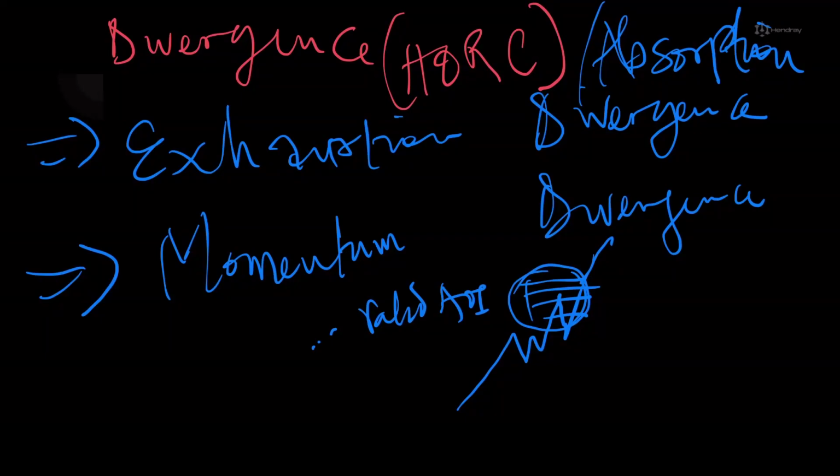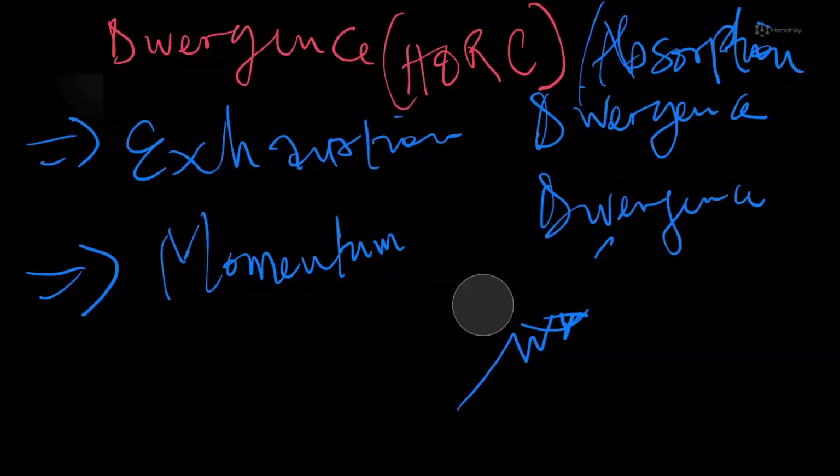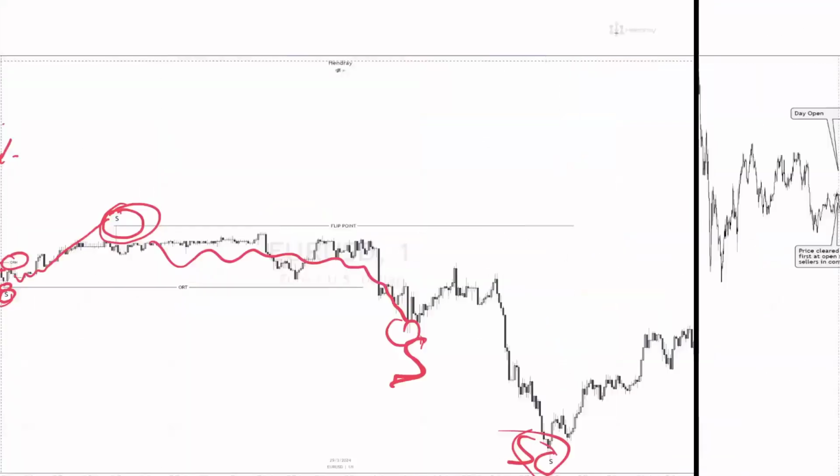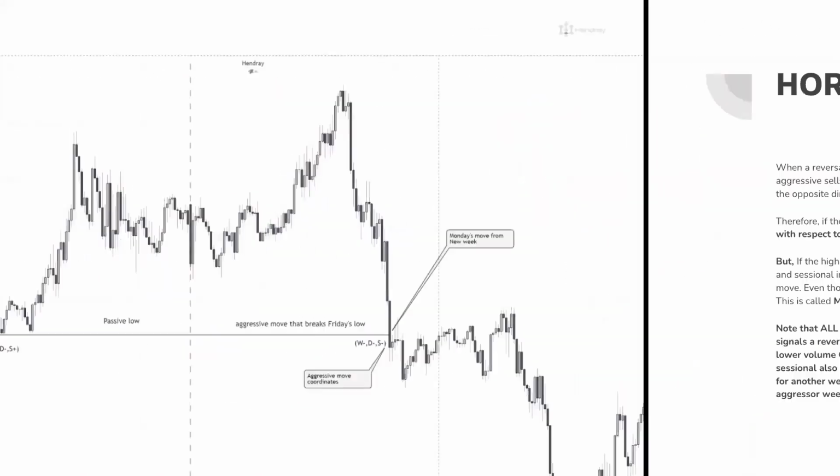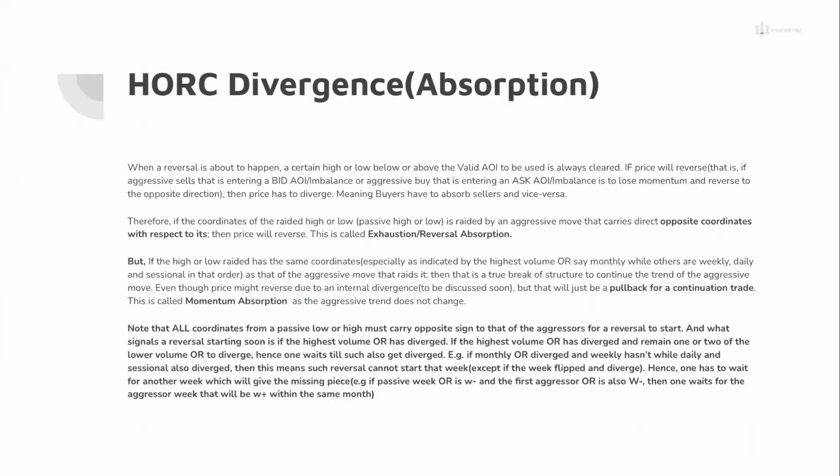You'll get to understand that in our class tomorrow. But for tonight, we just want to start on our absorption, which is basically divergence. So absorption is a scenario whereby passive orders... All right, so let's just start already because I don't have time to waste.